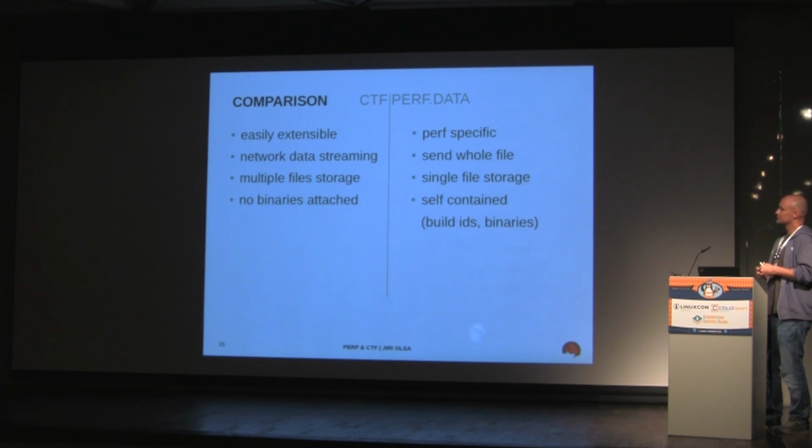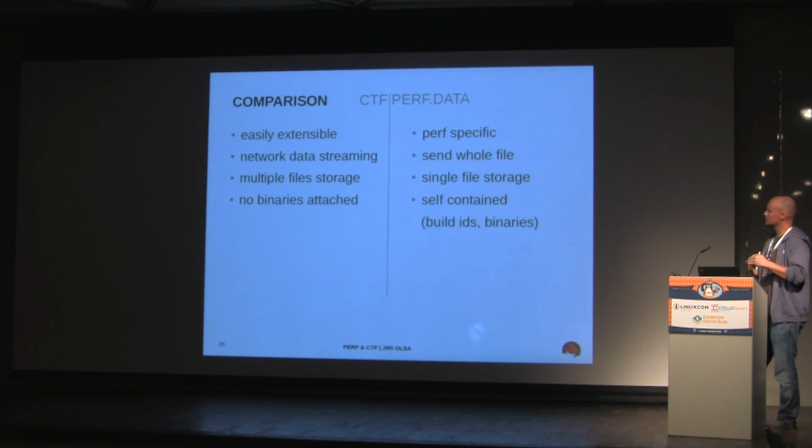As for the CTF, in the directory you have the binary data and the metadata, that's it. You don't have any extra information. Well, you probably could, but I didn't see it at the current point. You don't get the system data I mentioned. On the other side, Perf is kind of self-contained.